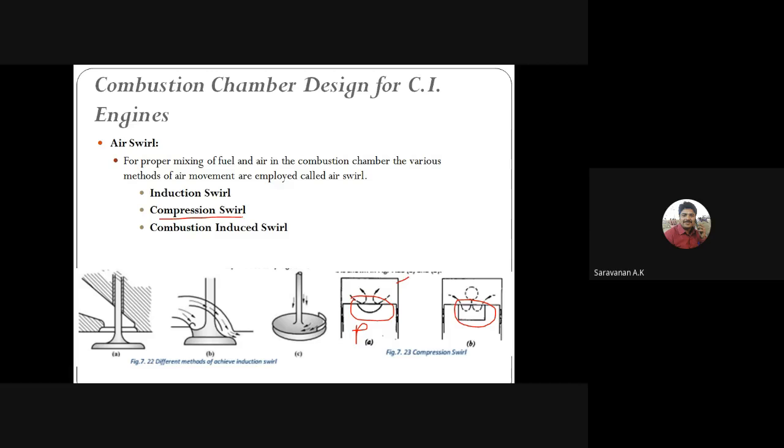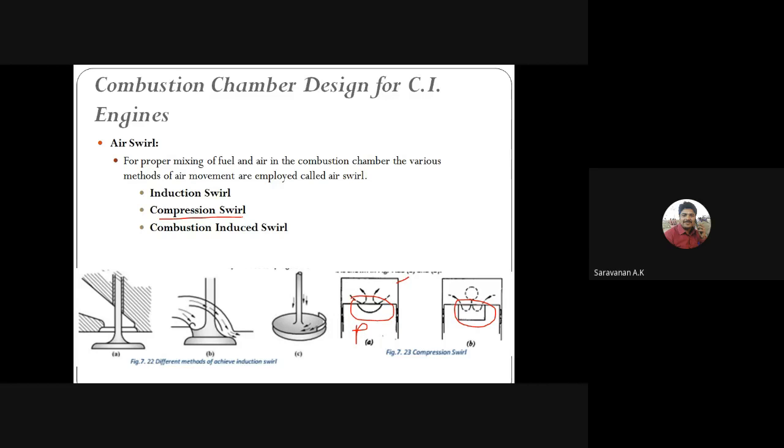Then the combustion induced swirl. In this method, the swirl is produced by the high pressure generated during the first part of the combustion of fuel. Remember that. The piston head has different types of design which help to generate the swirl during combustion.